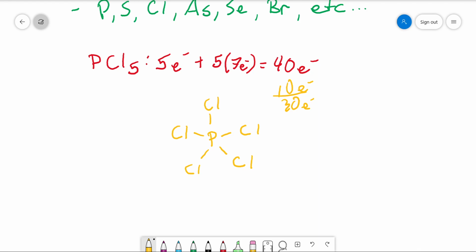And we have 5 chlorines. So 30 divided by 5 is 6 electrons per chlorine. Okay. So we just put 3 pairs around each chlorine. I guess you don't need to hear me count.